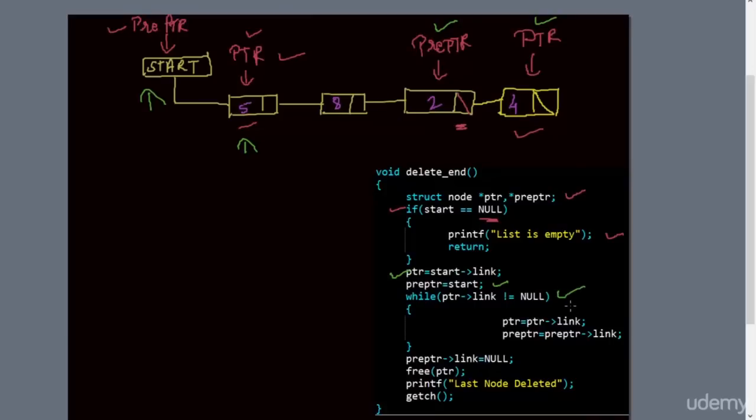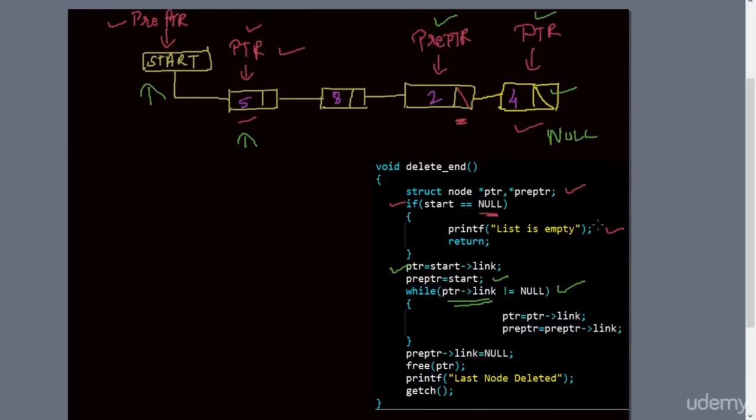That's fairly straightforward: till we reach a node with link part as null. So we will traverse using a while loop. While PTR's link is not equal to null, increment both the pointers. How do we increment? PTR equals PTR's link and pre-PTR equals pre-PTR's link, which is fairly straightforward.